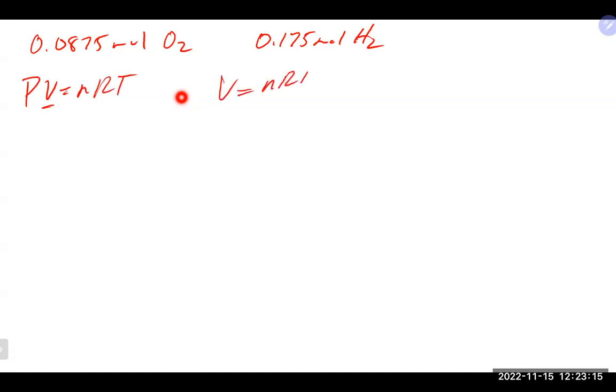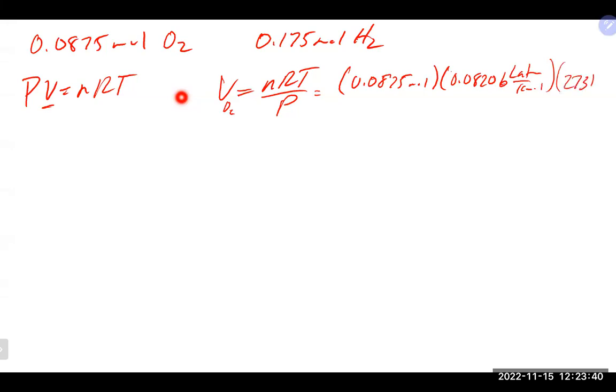Volume would be nRT over P. So if we did this for oxygen, we would put our values in. That would be our moles, which would be 0.0875. Our gas constant for the gas law there, 0.08206 liters atmosphere per Kelvin mole, or 0.0821 if you like the rounded number. 273 Kelvin, all divided by our pressure, which would be 1 atmosphere at STP.